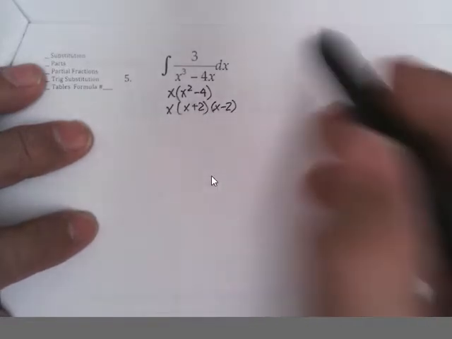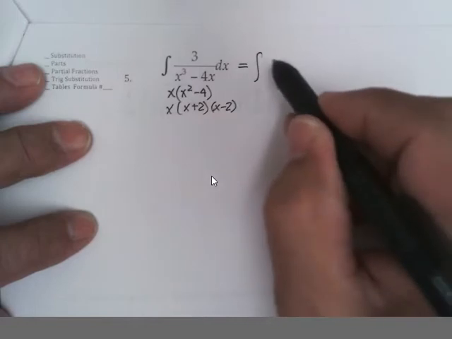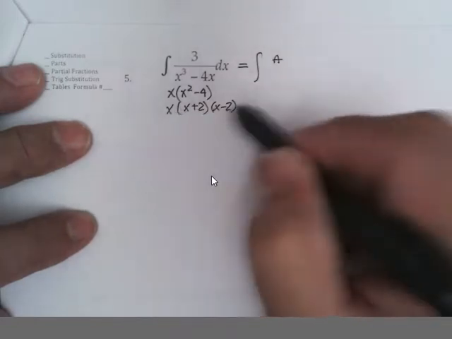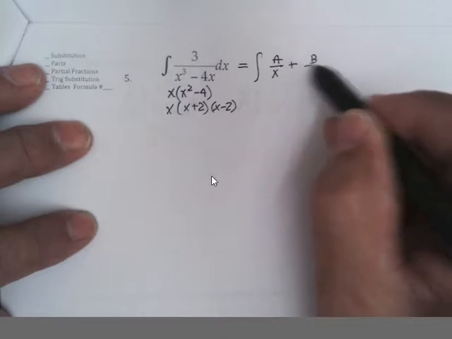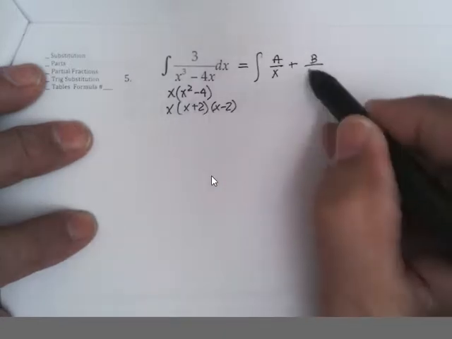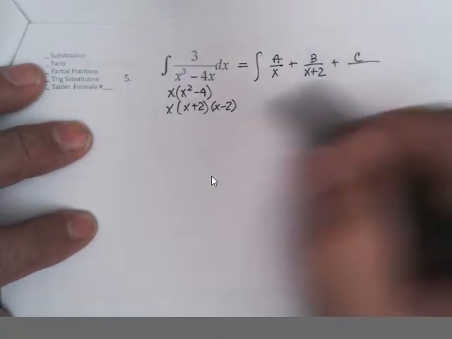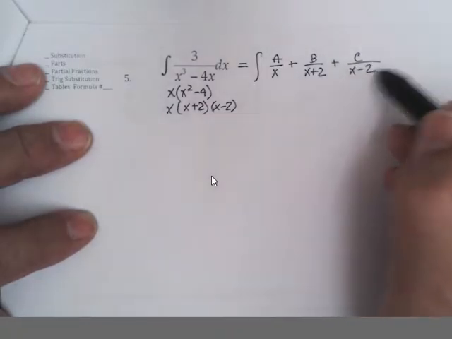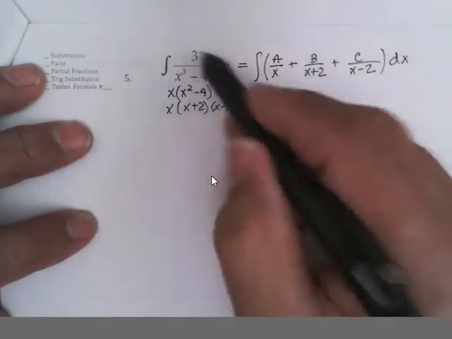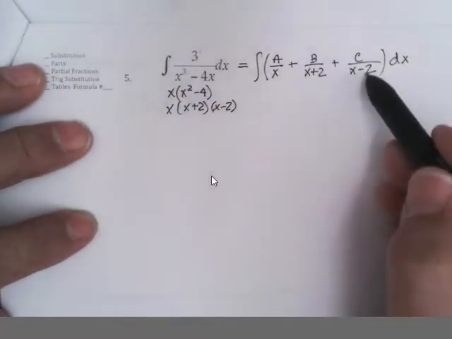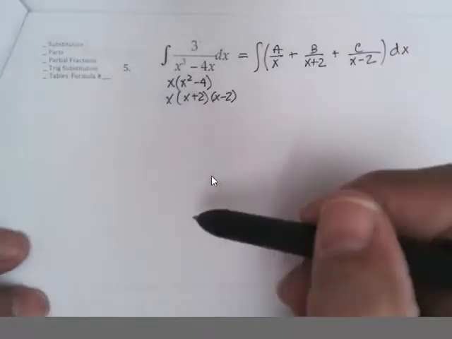If you can get them to linear factors, a lot easier. It becomes the integral of a over one of them, I'll put the x there, plus b over one of them, I'll do the x plus 2, and then c over one of them. So we're trying to turn this fraction into these three fractions, something that's equivalent to that.